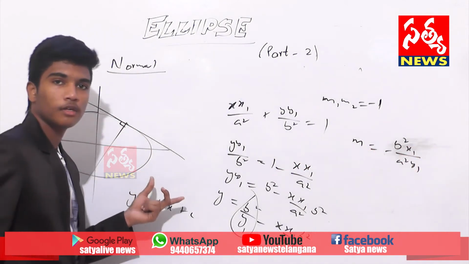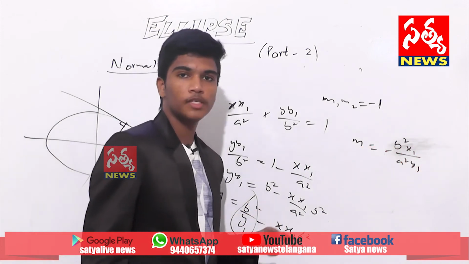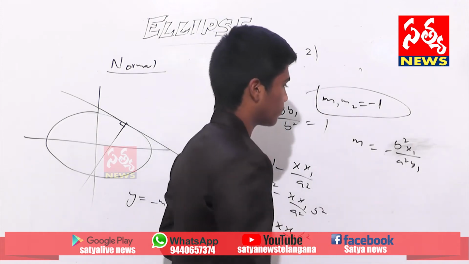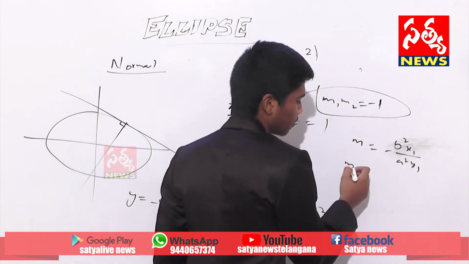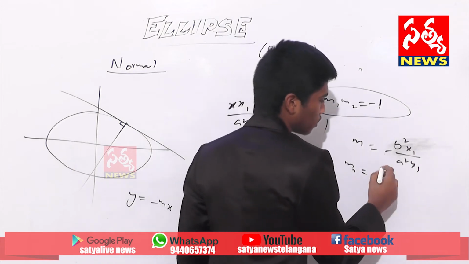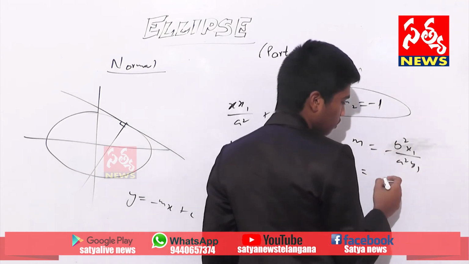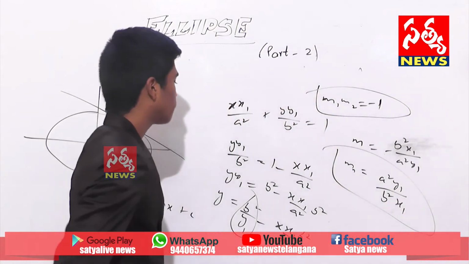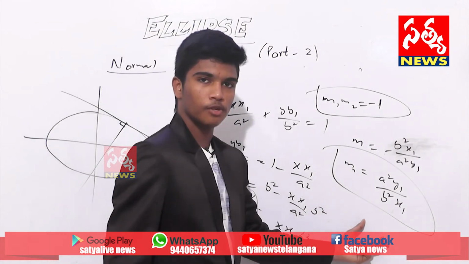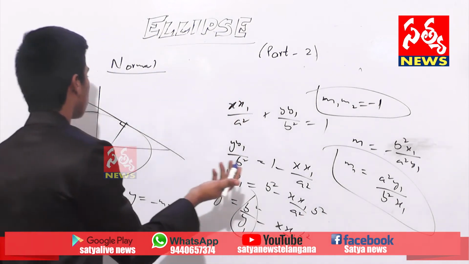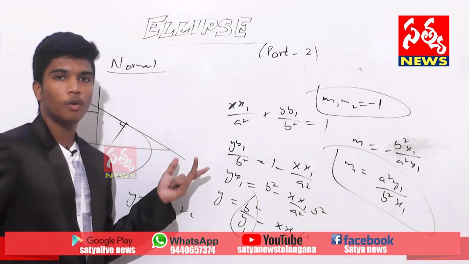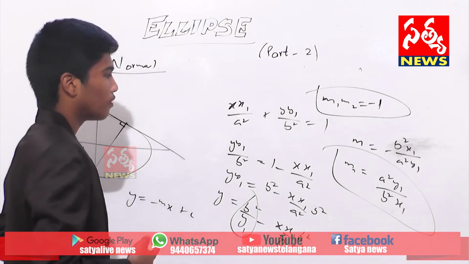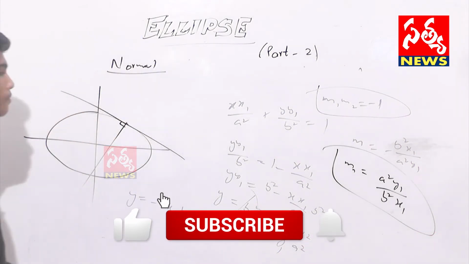Then what will be the slope of the normal? We have to use the formula m1 m2 = -1. So we get the slope of the normal as -1 divided by this, which is a² y1 / (b² x1).